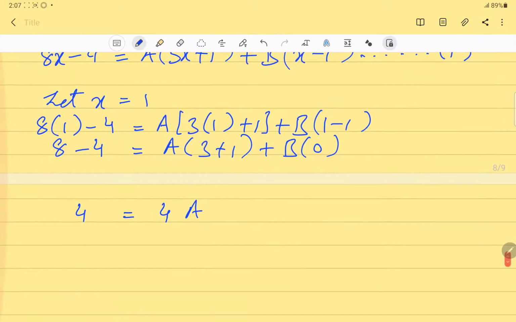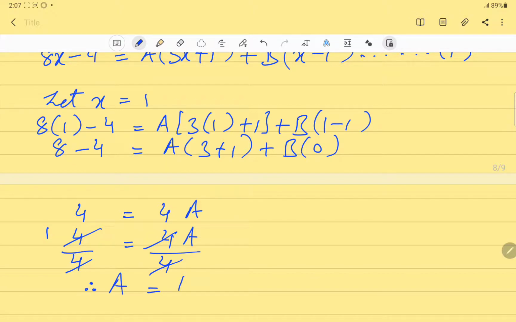We will divide both sides by 4. So a will be equal to 1.